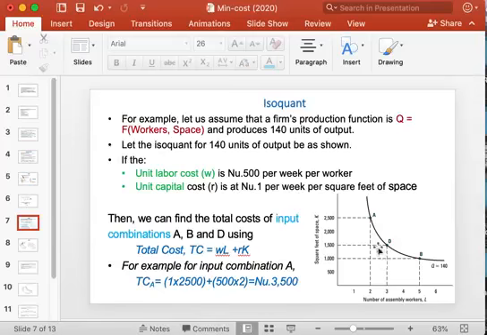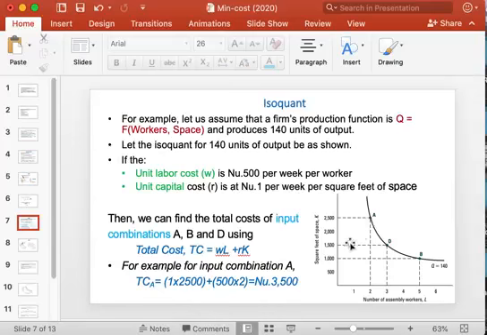Okay, the combination of input labor and capital K for A is given by this. So for A, the combination of input is 2 workers and 2500 square feet of space.